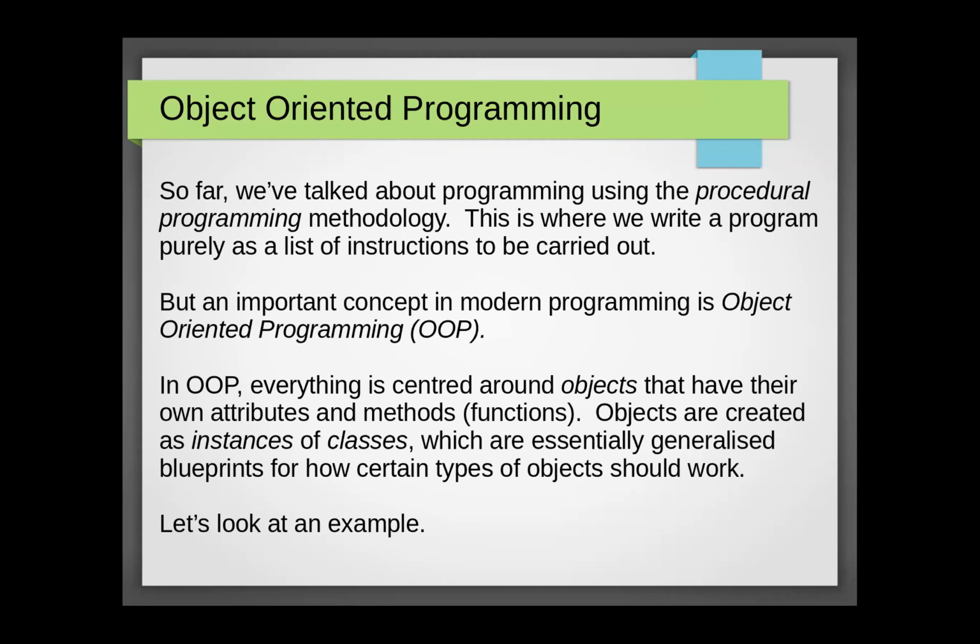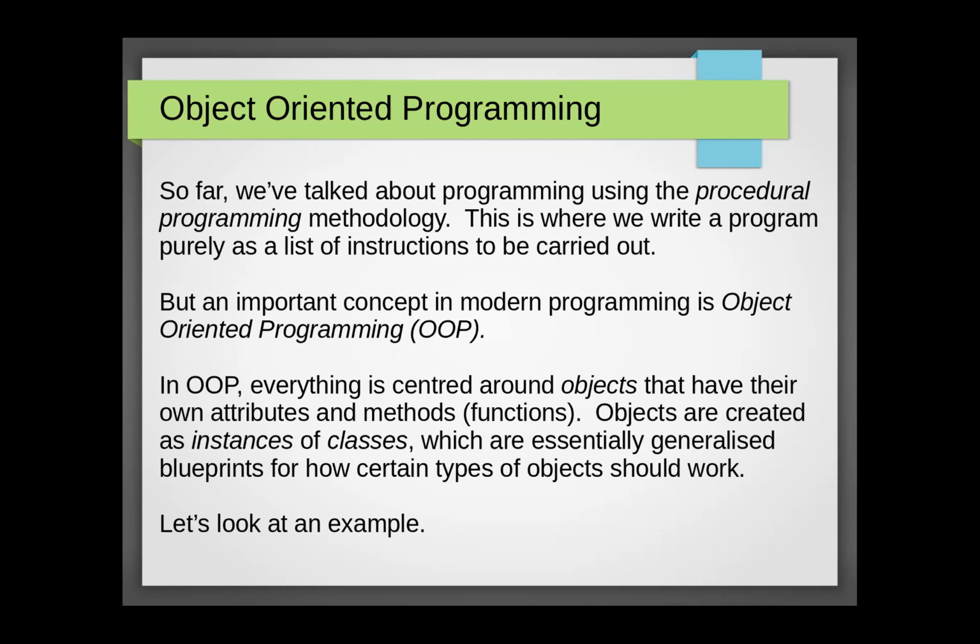So far, when we've talked about programming, we've talked about it as what's called the procedural programming methodology, which is basically where we give the computer a list of instructions, and it will then play out that list, and it will go through, I'll do that, and then I'll do that, and then I'll do that, etc. And that's fine, and that's how things used to work in the old days. In fact, when I used to learn BASIC back in the 80s, you had line numbers, and you'd say 10 print this, 20 go to 10, and you would specify very clearly that there's an order of things.